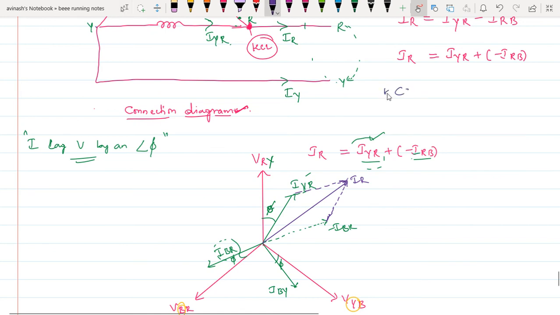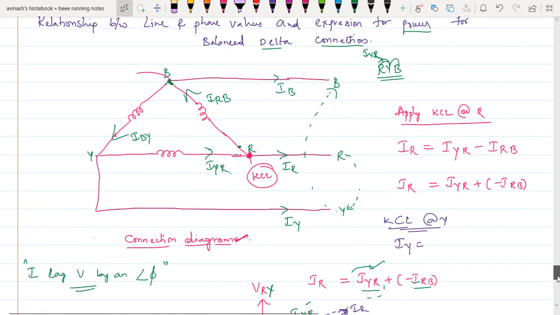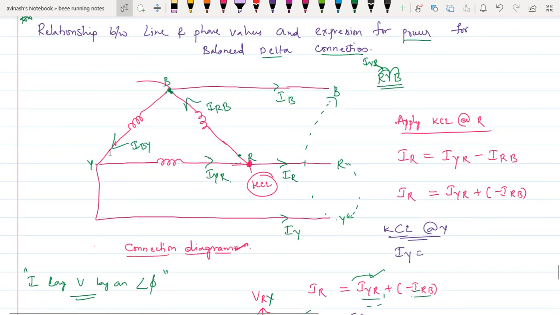IY is equal to the incoming currents minus the leaving currents: IBY minus IYR.